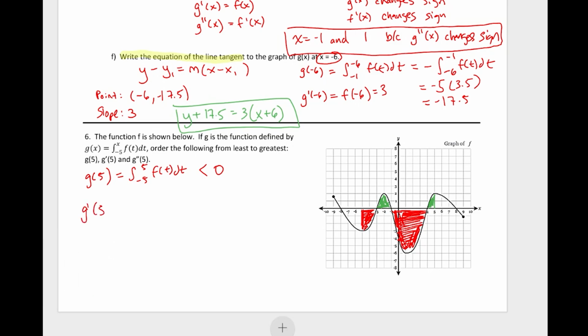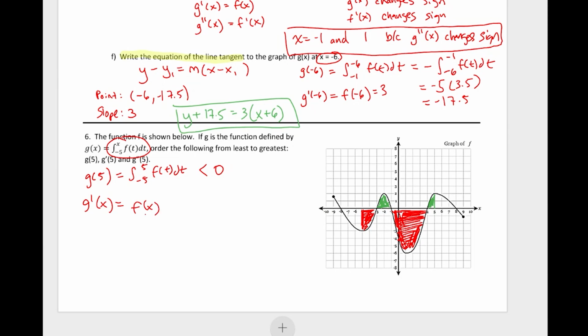Okay, g prime of 5 is going to be the derivative of this function. Let's find g prime before we evaluate it at 5. g prime is going to be the derivative of this function, which will be just f of x.